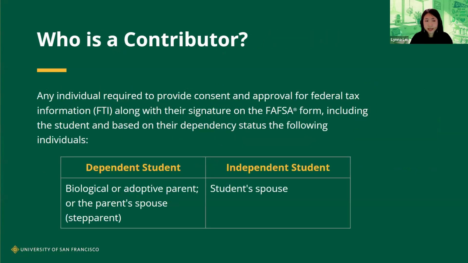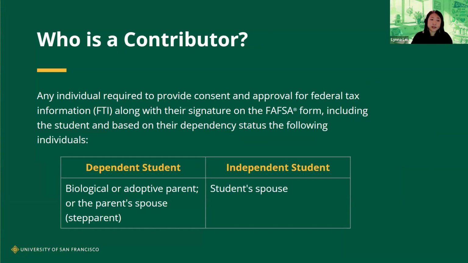We've also talked about contributors briefly. So what is a contributor? A contributor is any individual that's required to provide consent and approval for federal tax information along with their signature on the FAFSA form, and that includes the student. Based on their dependency and marital status, it might also include the following individuals.